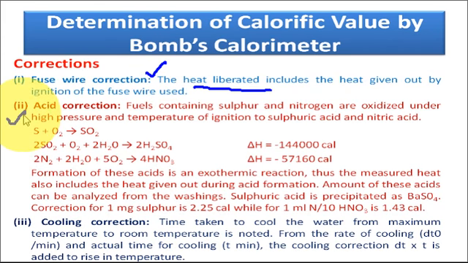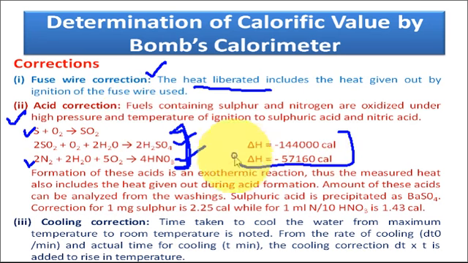Second correction is the acid correction. We considered the fuel, mainly the hydrocarbon fuel, which contains carbon and hydrogen. In case the fuel also contains sulfur or nitrogen, then during the combustion process, the sulfur and nitrogen present in the fuel form the corresponding acids, H2SO4 and nitric acid, and the formation of acids are exothermic reactions.